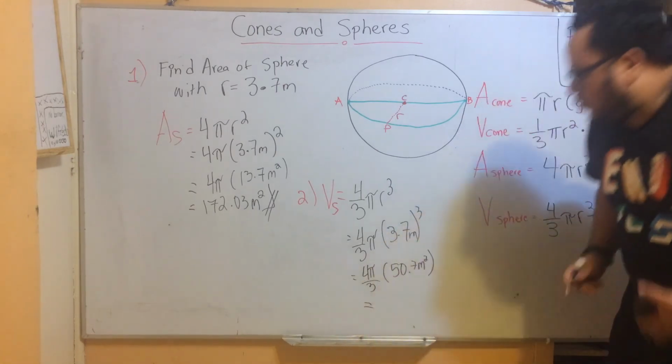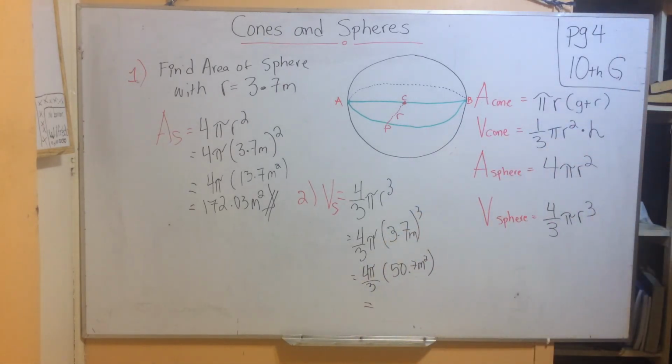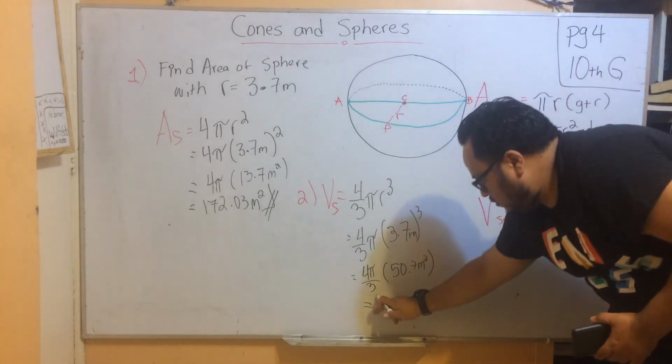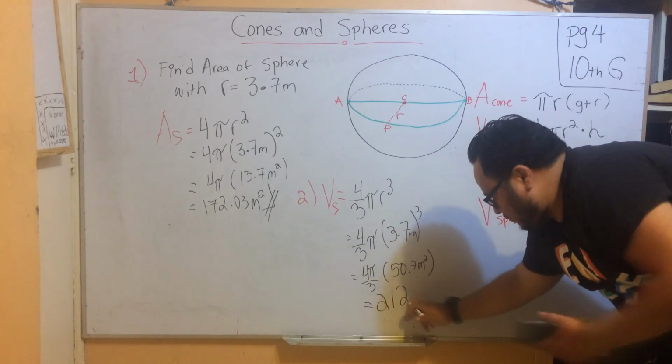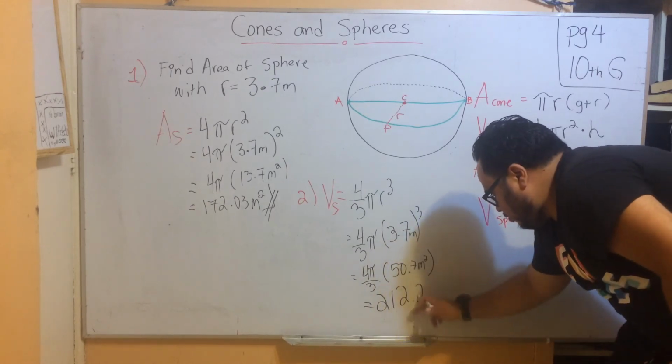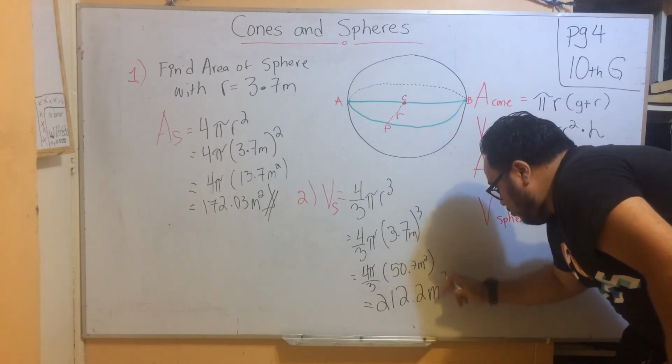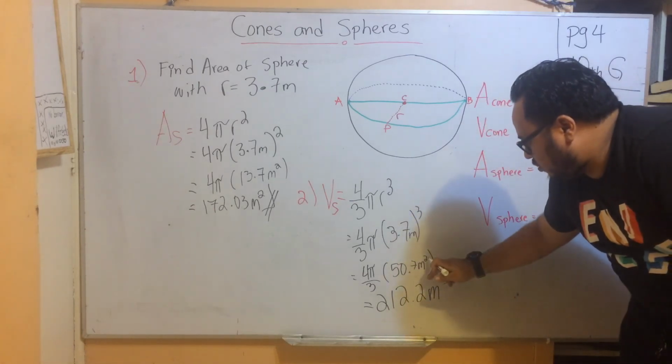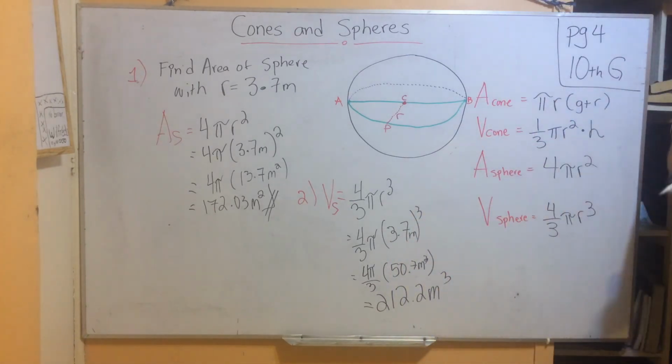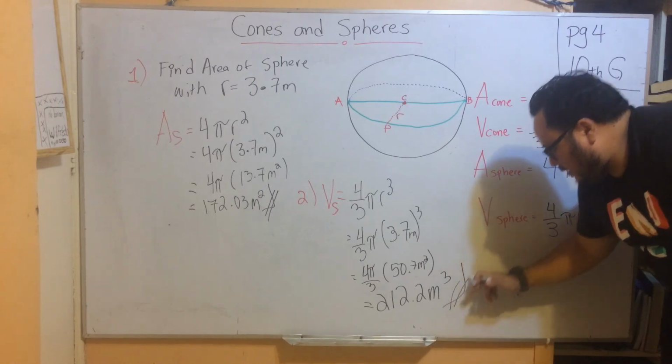So we solve for this: times 4 divided by 3 times pi. That's going to be 212.2 meters to the cube. This is cube, sorry. And now we have the volume.